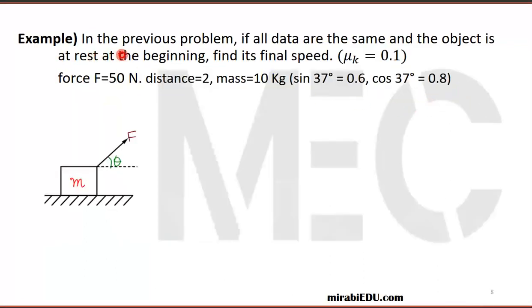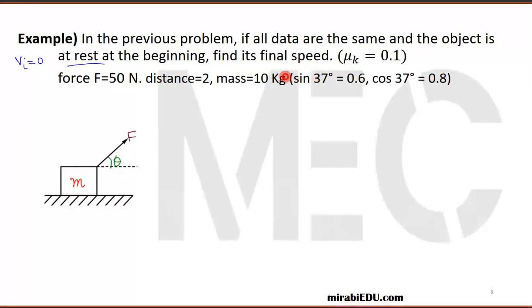In the previous problem, if all data are the same and the object is at rest at the beginning, which means initial velocity, initial speed, is 0, find its final speed.